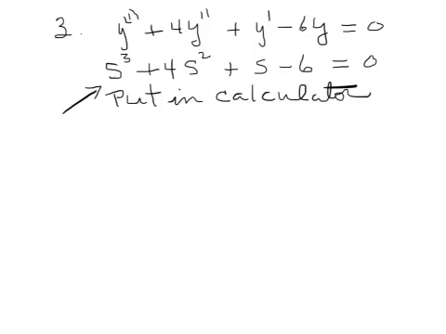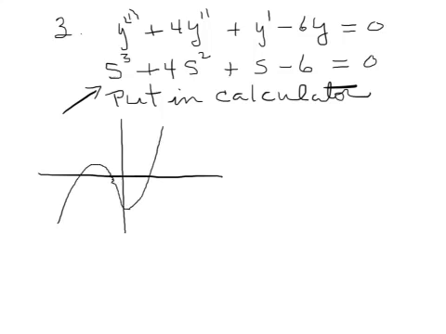What you do see on the screen, and I'm doing this sort of crudely, is 3 zeros, and I didn't do this to scale, but one is plus 1, one is minus 2, and one is minus 3.